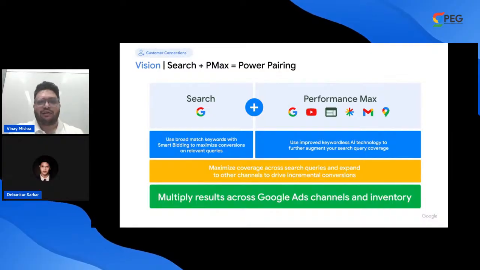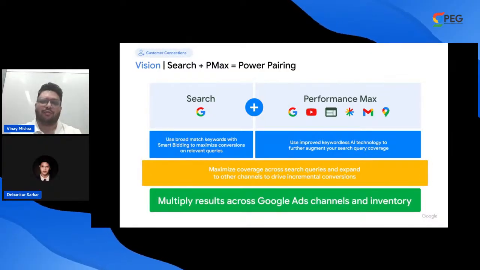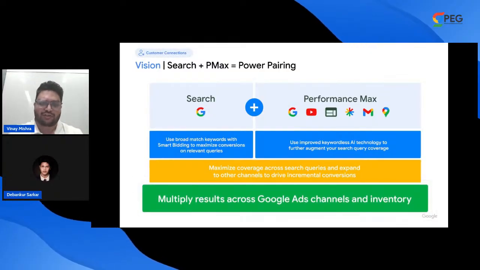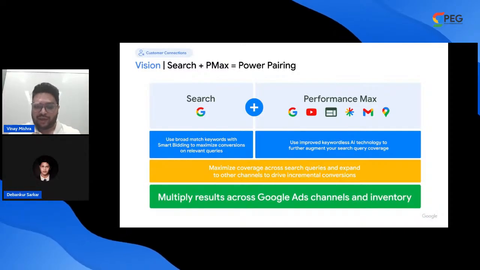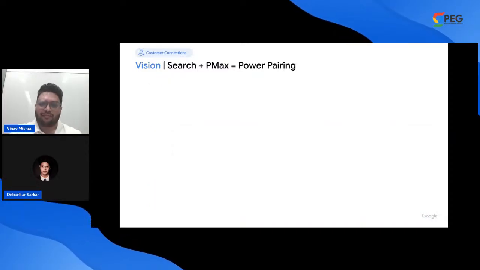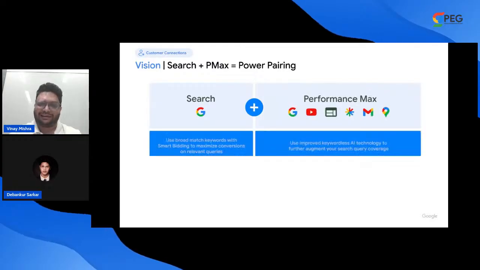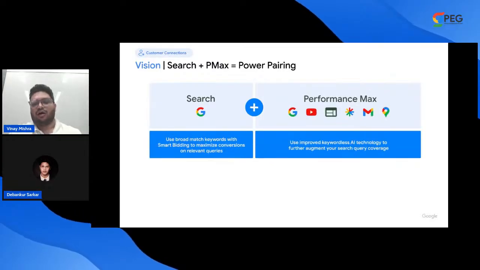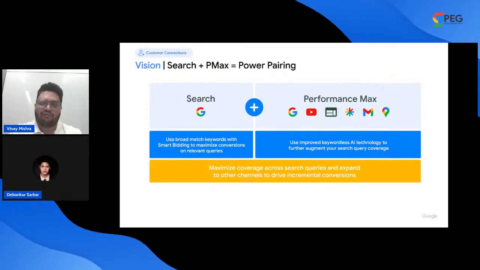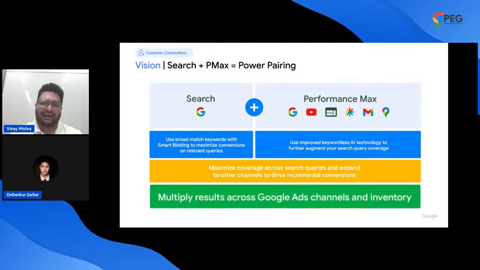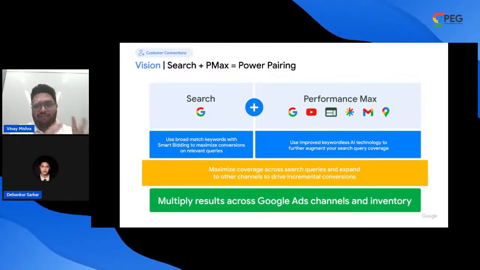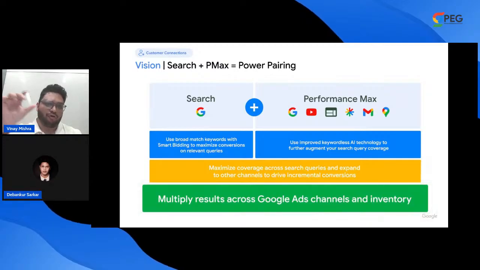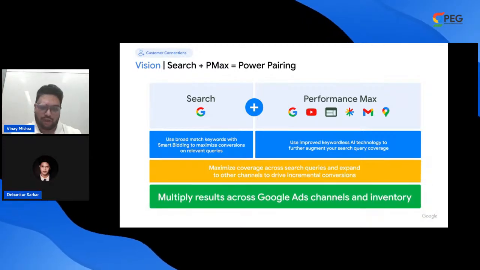The power pair offers a powerful approach to reach customers at different stages of their buying or decision-making journey, right? Search campaigns can target users who are actively searching for specific cars, while Performance Max can expand your reach and capture broader audiences, and at the same time ensure that you're able to tap into these opportunities wherever they're going, right?